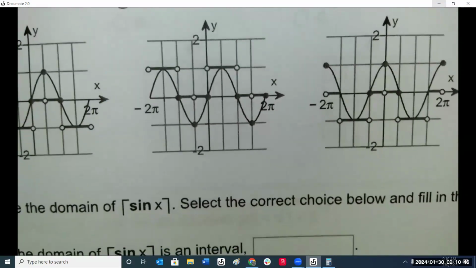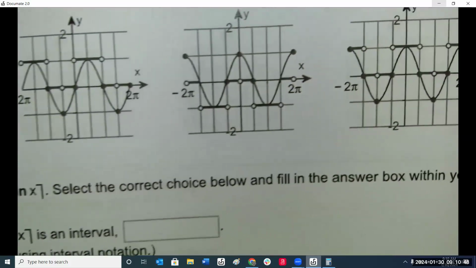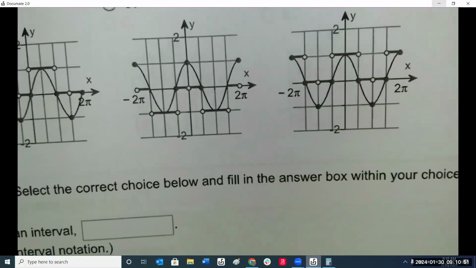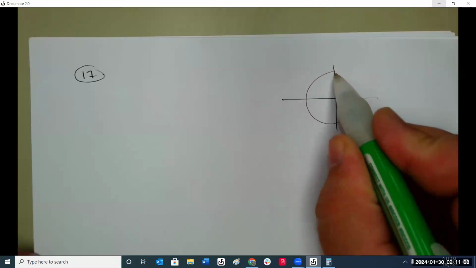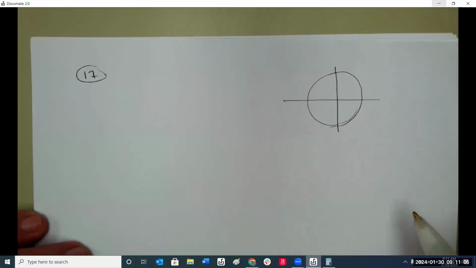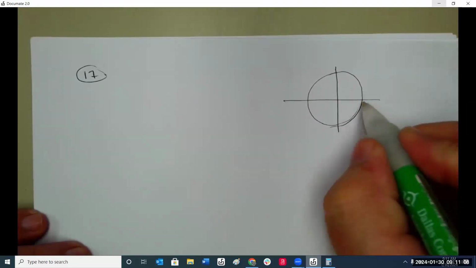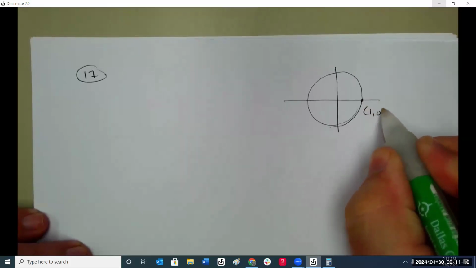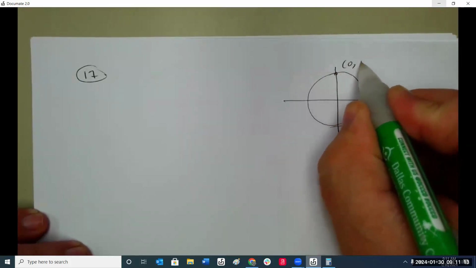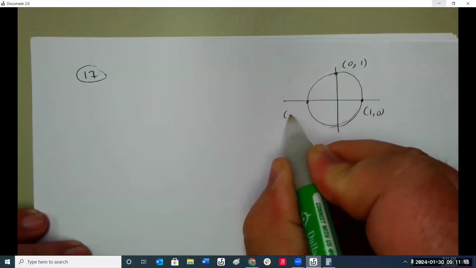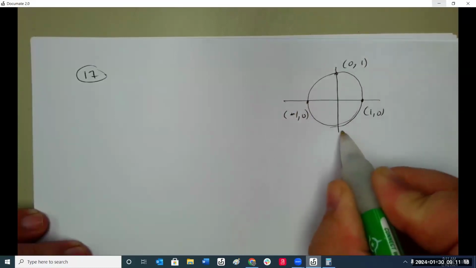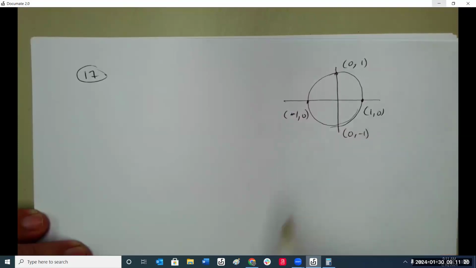Is that the sine function? What does a sine function look like? Let's begin. Does sine deal with the x or the y value? So this is 1, 0, 0, 1, -1, 0, 0, -1.